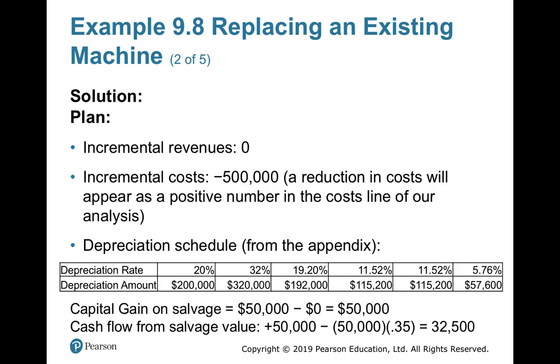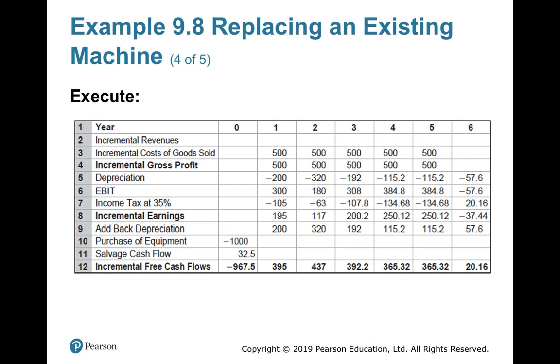Tax is 35% on capital gain, so 35% of 50,000 is equal to 17,500. So after tax salvage value is equal to 32,500. If it is plus, add here. If it is a loss, deduct here. Here it is a capital gain, so the after tax free cash flow from the salvage value is positive 32,500. Add here. Then calculate the incremental free cash flow.